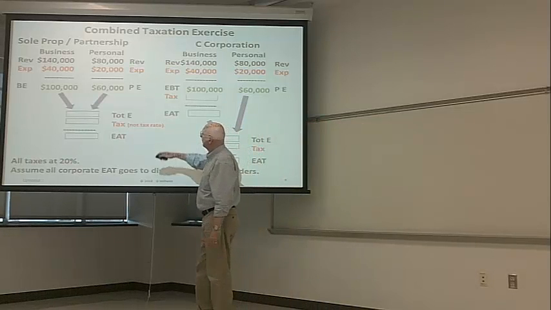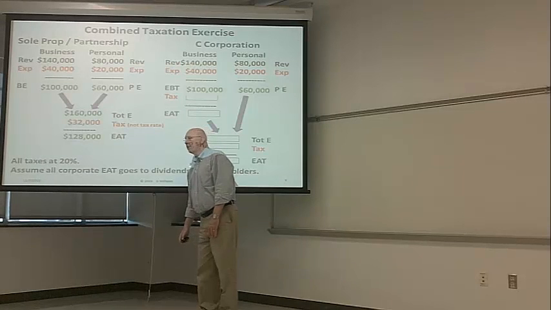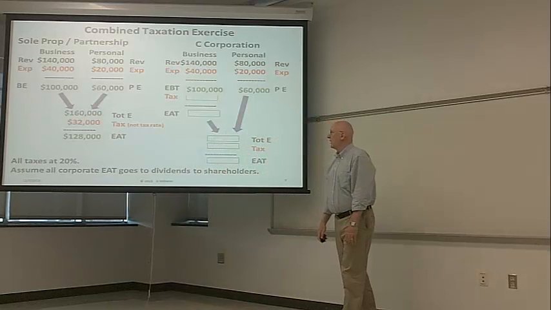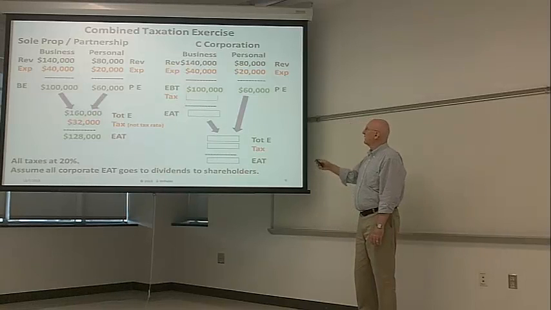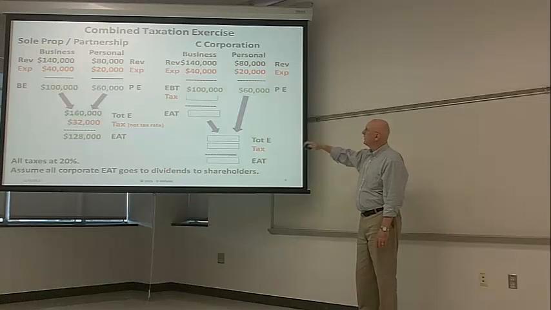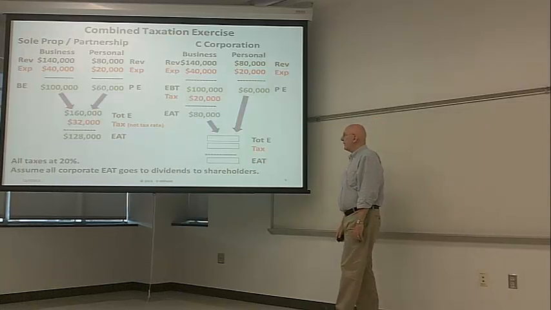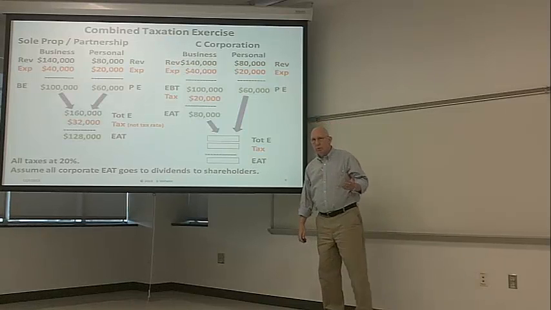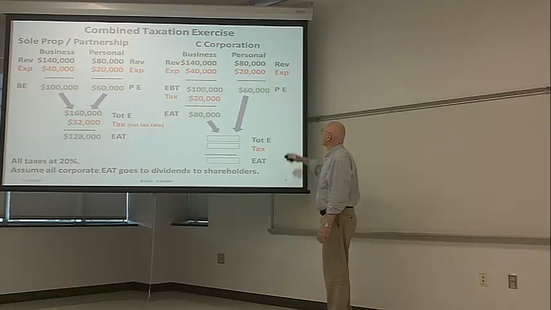On this side, we just add them together, tax them, and calculate our earnings after taxes, which is $128,000. For the C Corp side, first we tax at the C Corp level, get $80,000 earnings after taxes, all of which is going to be distributed as dividends.